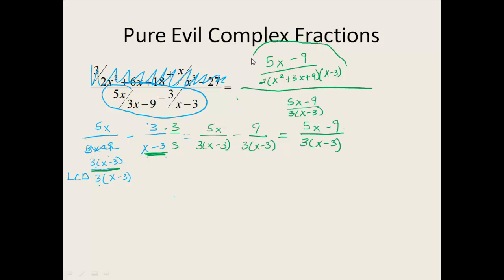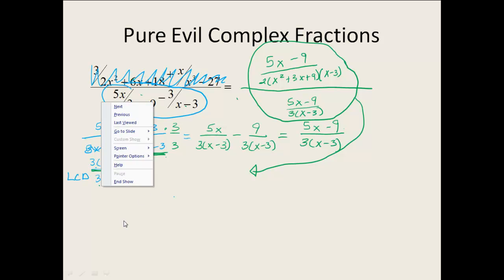So we have taken this problem here, which had 4 separate fractions in there. It had 2 on top and 2 on the bottom, and we have combined it so that we only have 2 fractions. Now we can do what we do with a simple one. We just write it sideways and then cancel things that we can cancel.